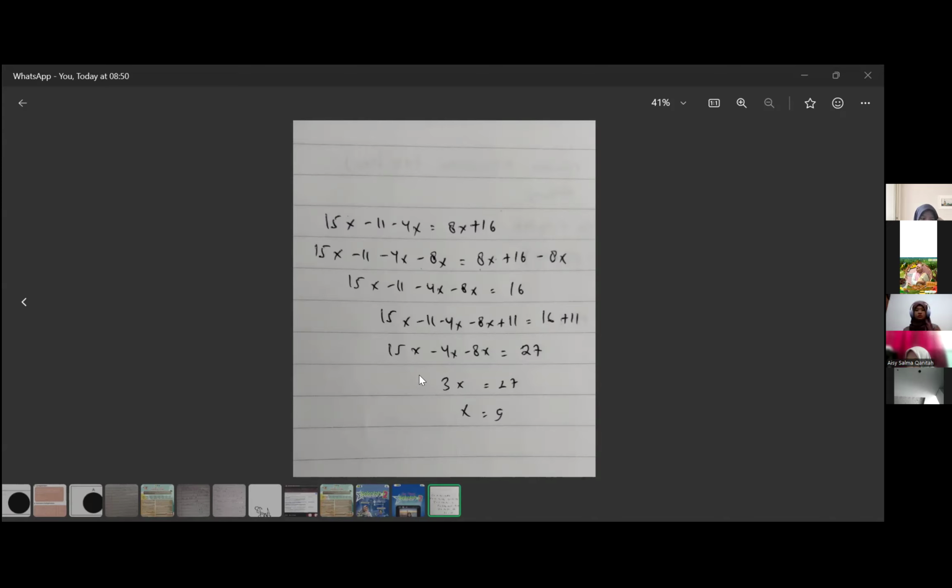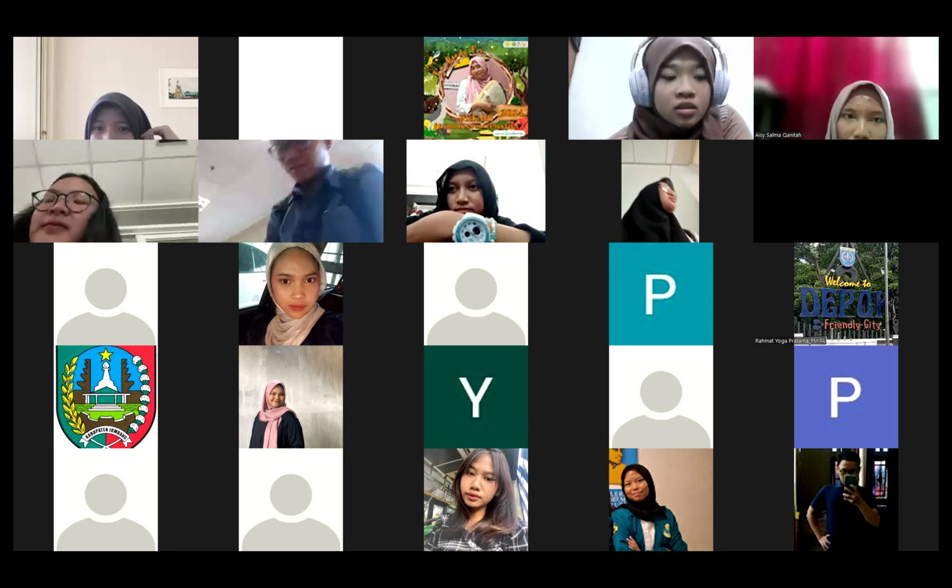So on the right side after subtraction, 3x equals 27. Dividing both sides, the answer is right. Oke, thank you Syifa.